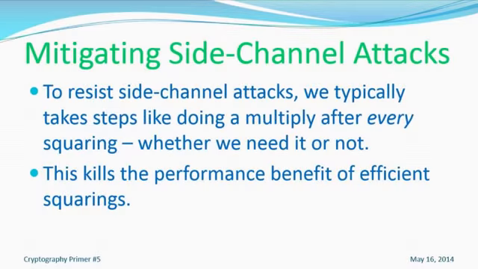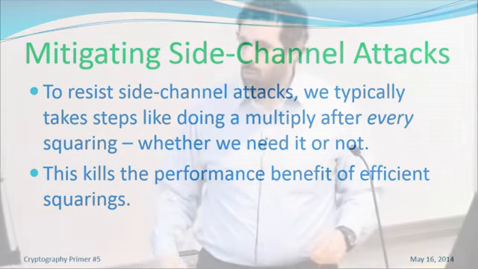OK. So how do we mitigate some of these attacks? Well, what we typically do, as painful as it is, is try to pretend that we're doing everything the same way always. We kill a lot of the optimization, and we wind up running slower. In particular, if only half the time you're doing a multiply, don't admit that.